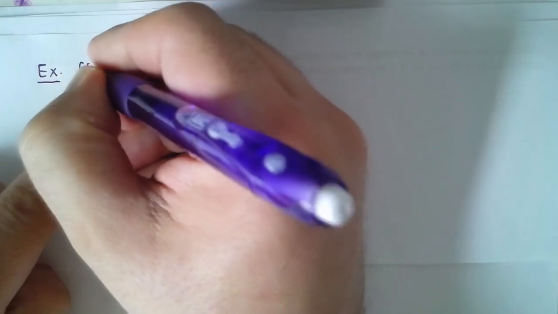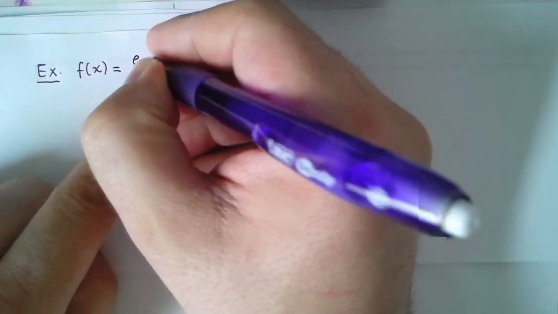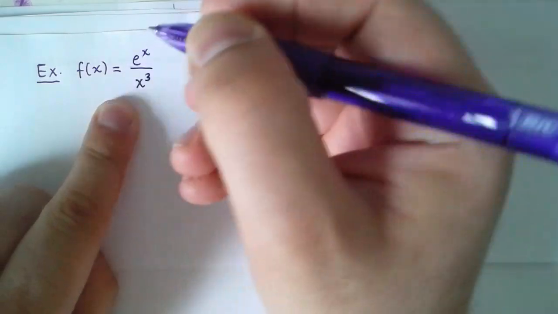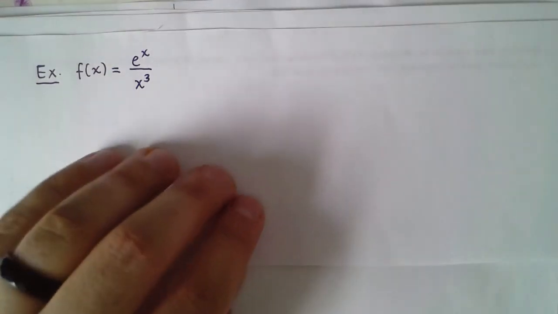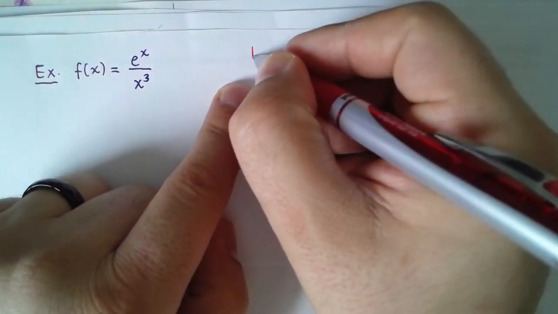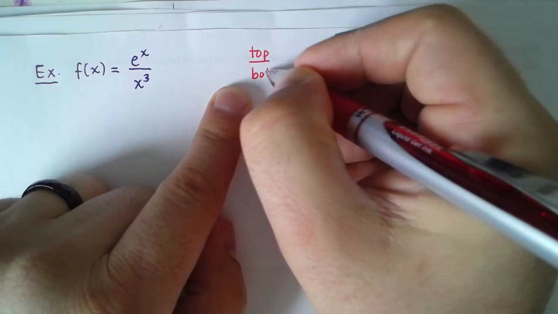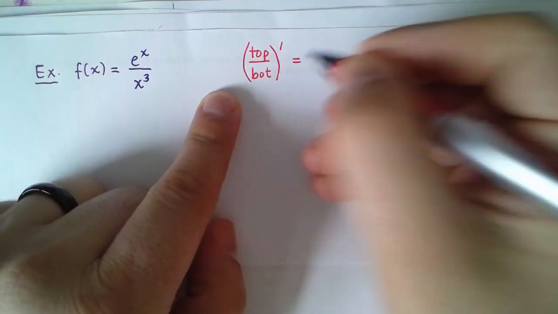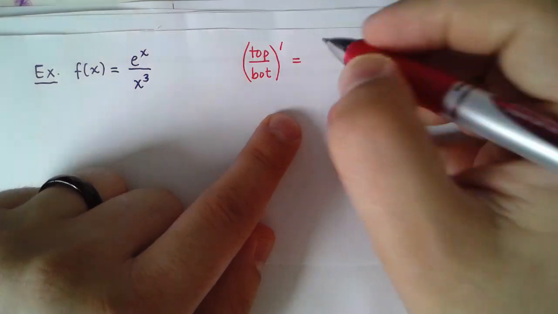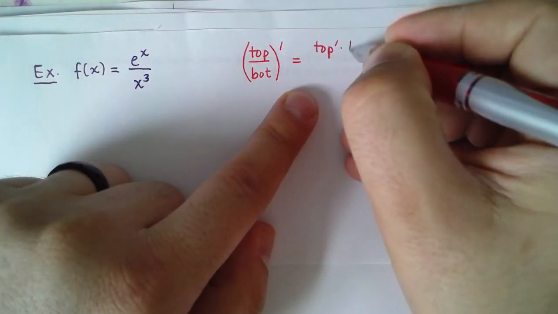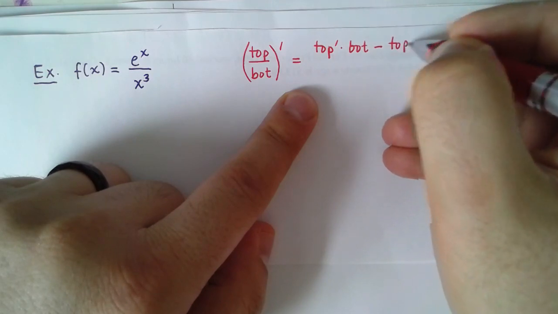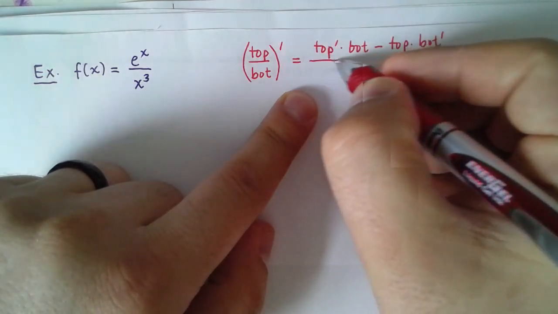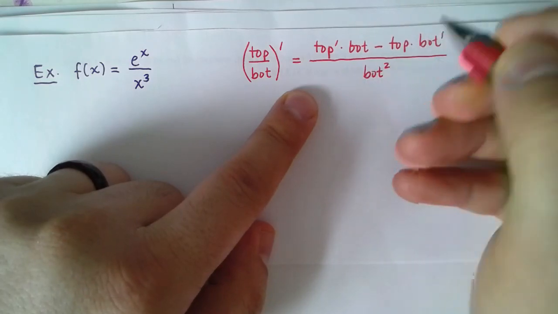Now consider the derivative of something like e to the x divided by x to the third. The previous one was a product, this one is a quotient. For the quotient rule, if you take the derivative of a fraction, it's going to be the derivative of the top times the bottom minus the top times the derivative of the bottom, divided by the bottom squared.